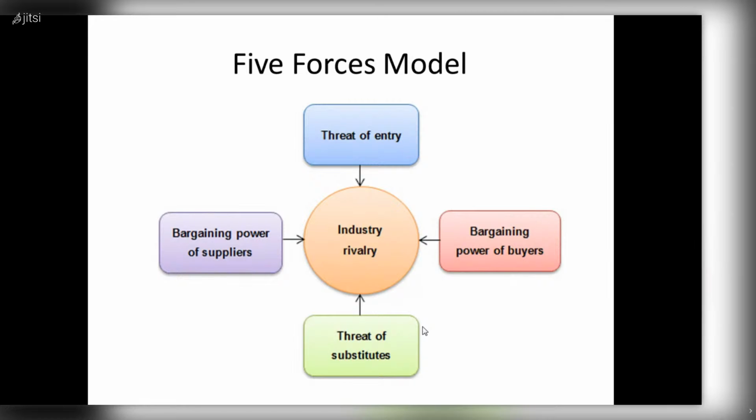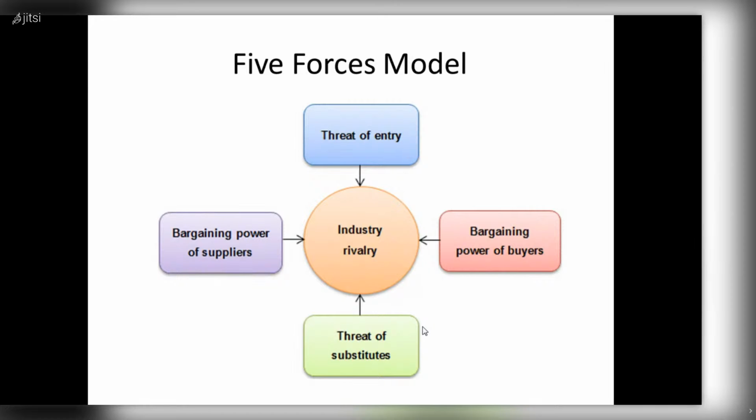Another important force of the model is rivalry among existing competitors. This force is the major determinant of how competitive and profitable an industry is. In a competitive industry, firms have to compete aggressively for market share, which results in low profits.